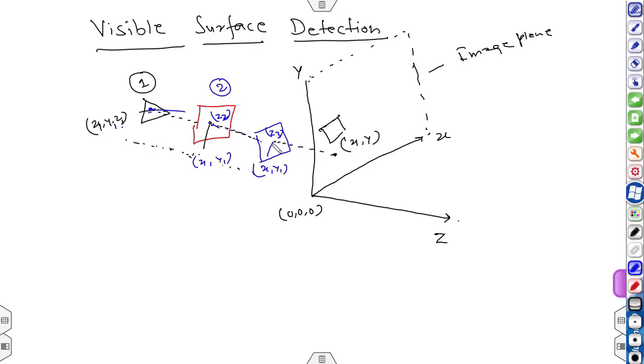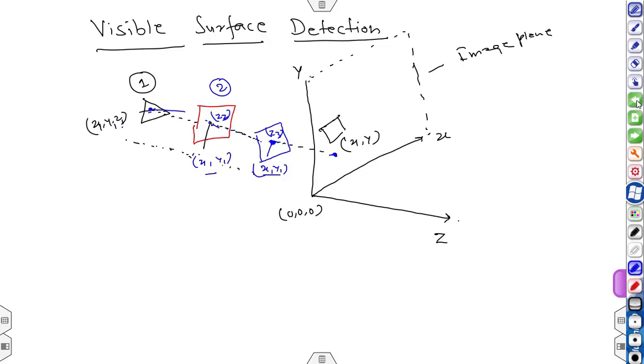So at the same xy position of three different game objects, there are three different pixels at various depths. The pixel which is very near to the image plane will only be rendered, or will only be visible on the 2D projection.